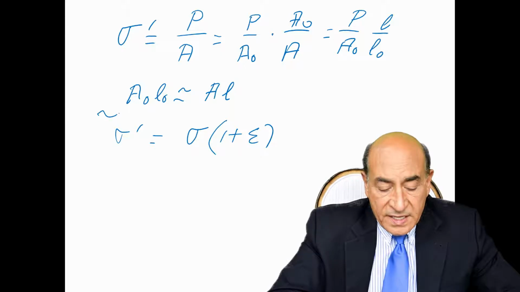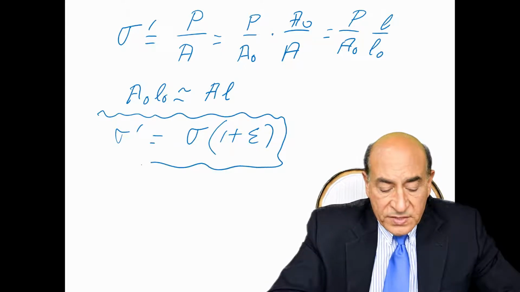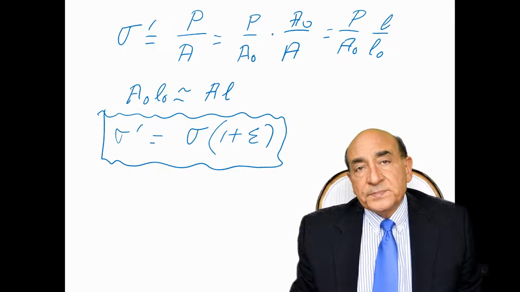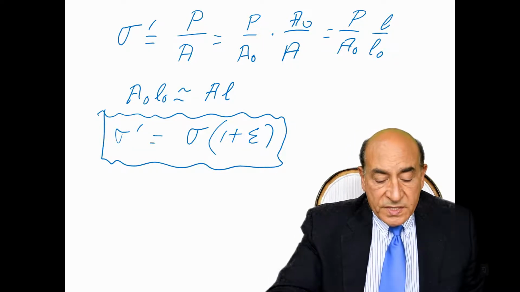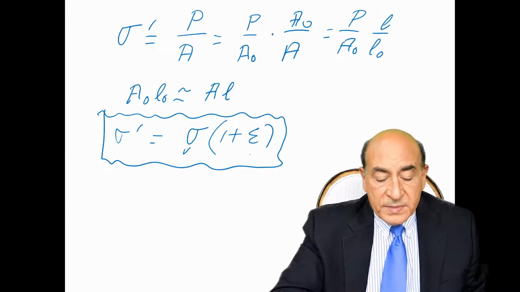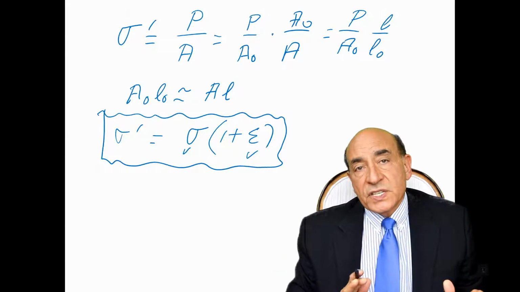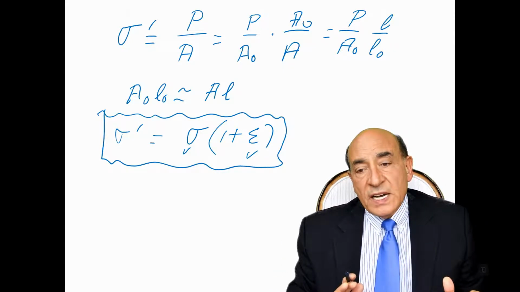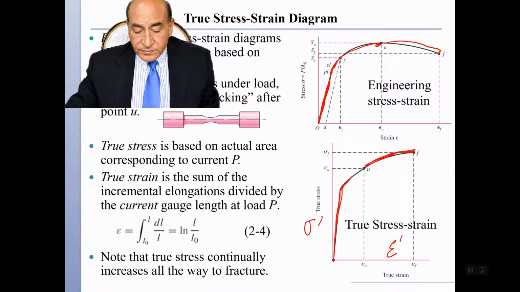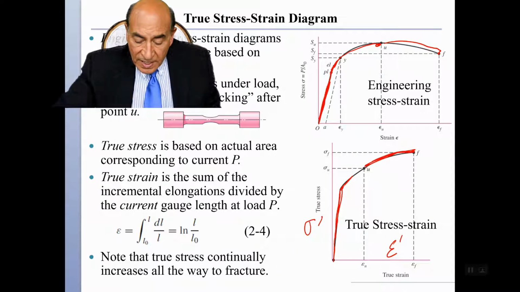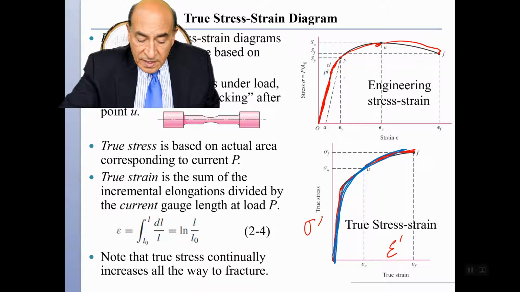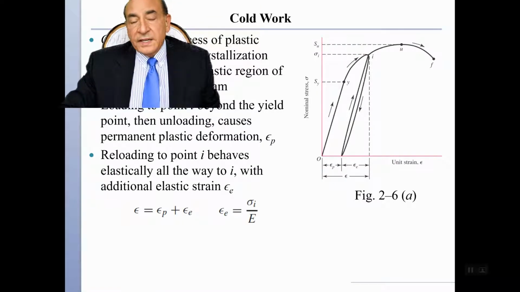So this is the second equation that I derived today, in which, given the engineering values sigma and epsilon, I can make a conversion and find sigma prime and epsilon prime. And that is how I can reconstruct this true stress-strain curve from the values of sigma here and epsilon here. These values can be converted to sigma prime and epsilon prime.